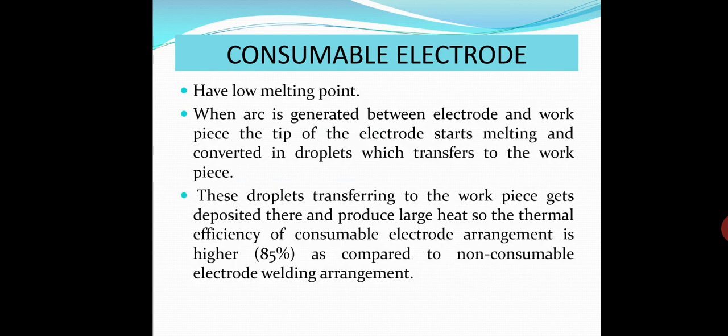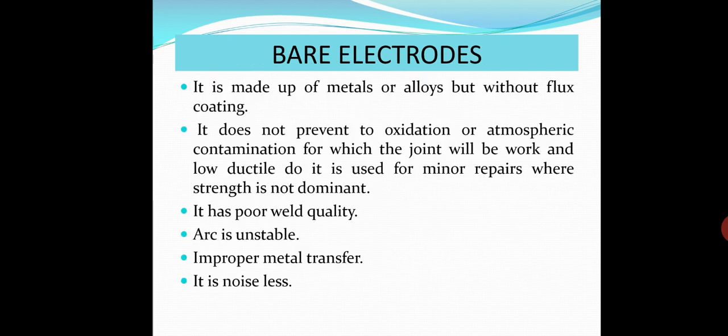So the thermal efficiency of a consumable electrode arrangement is higher compared to a non-consumable electrode welding arrangement. Here the droplets carry the heat and transfer this heat to the workpiece. Hence the thermal efficiency is high, but the consumable electrode has a low melting point.